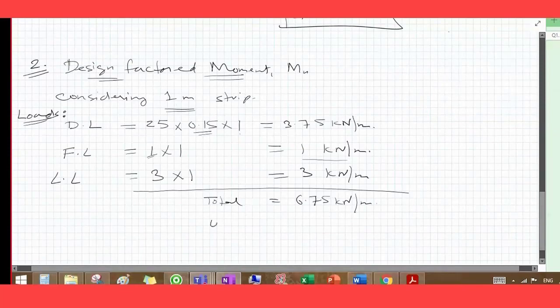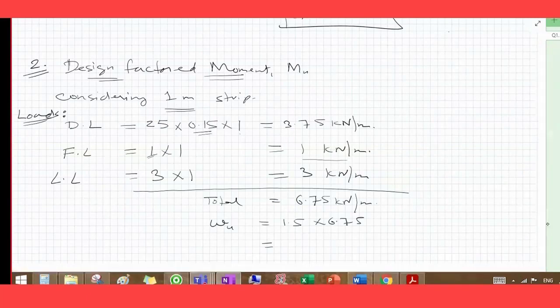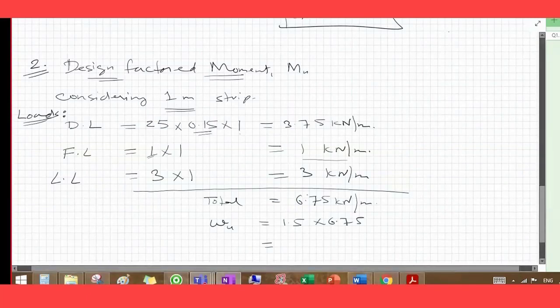So what will be the ultimate load which is going to act? It will be 1.5, the load factor, into this total load. Okay, this is not 6.75. It will be 3 plus 1 plus 3, sorry, 7.75. So this is the ultimate load.